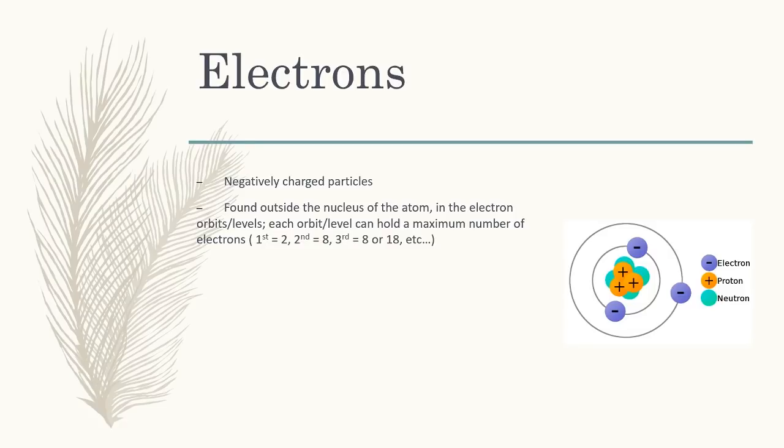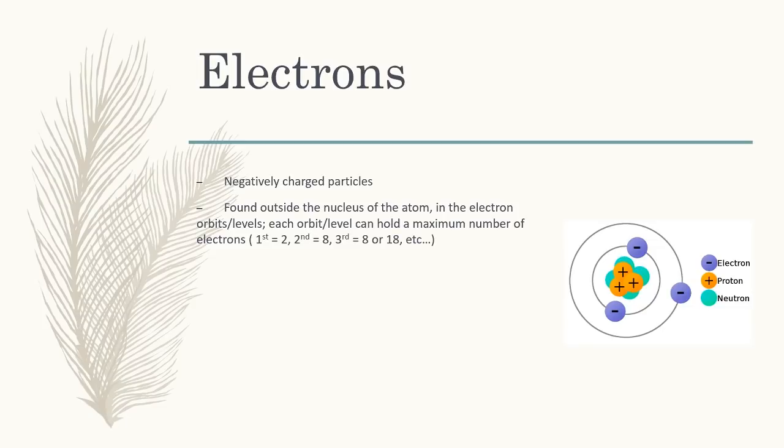Orbitals is another word that describes a slightly different mechanical model of how these work. It's a little more true, but a little more difficult to understand. So I'll try to stick with energy levels or orbits, but the electrons exist in these energy levels, and the energy levels themselves can only hold so many electrons.